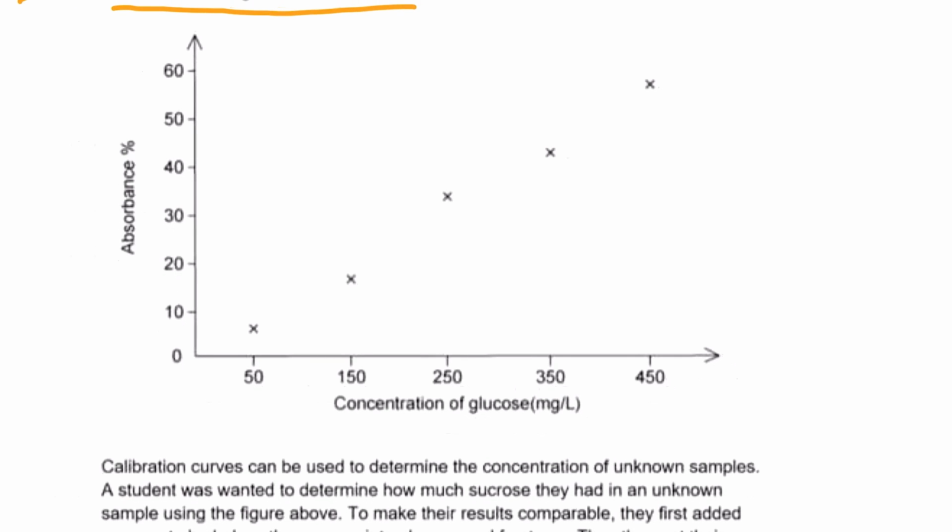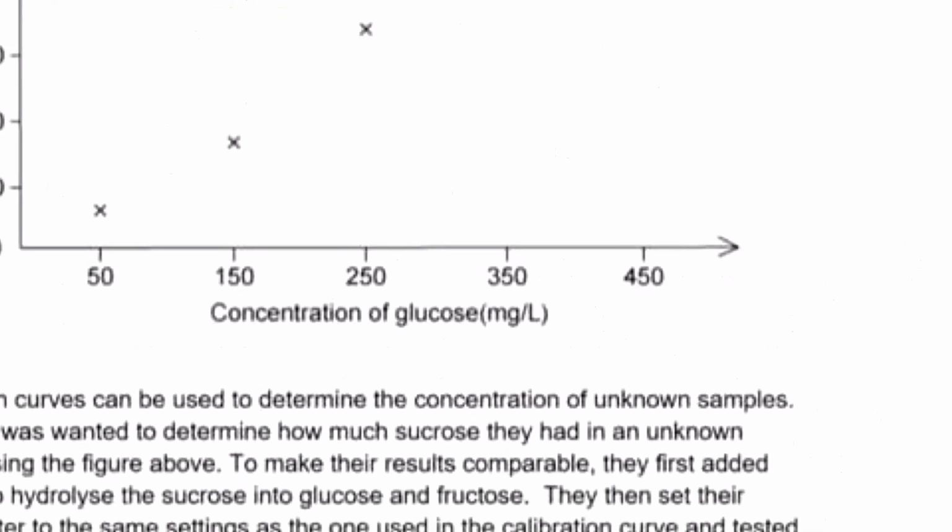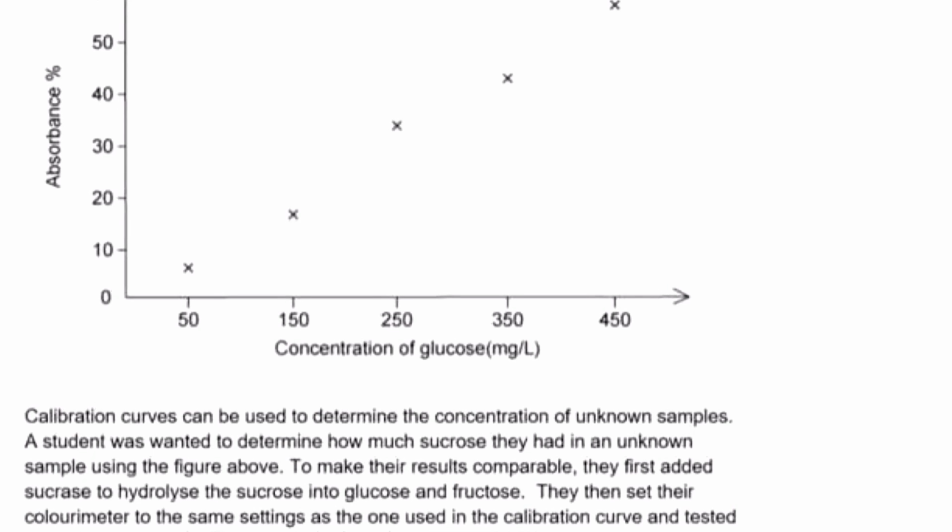This is because of the Benedict's test. As we all know, as the concentration of glucose increases, if you carry out a Benedict's test, glucose is a reducing sugar, and as the concentration of glucose increases, the color is darker.